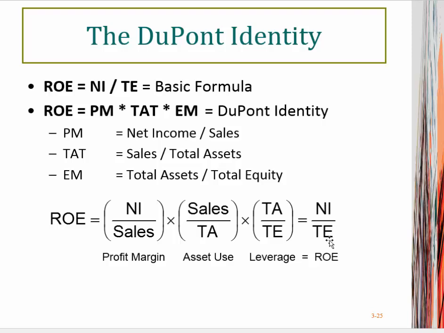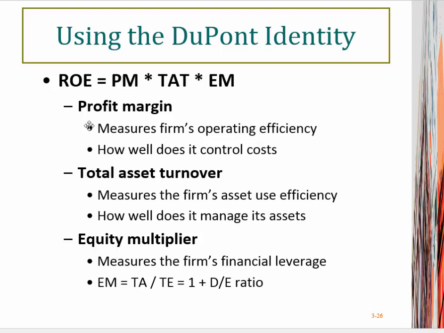So how can we use this number? If you want to increase return on equity, you need to increase profit margin. This measures the company's operating efficiency. How does it control its costs? Total asset turnover ratio: we need to measure asset usage efficiency. How much assets do we have? Are we managing them well?